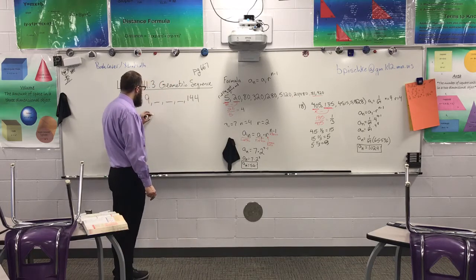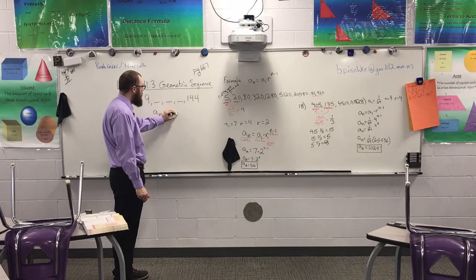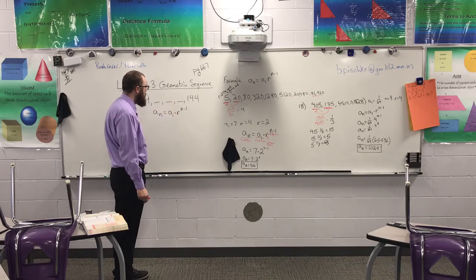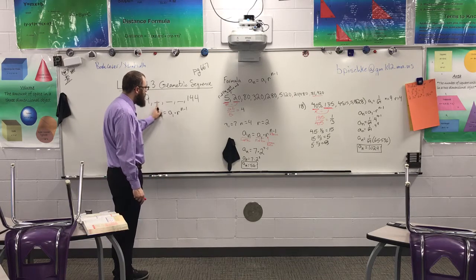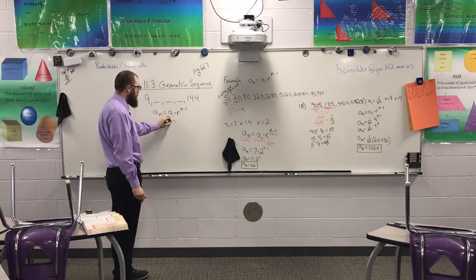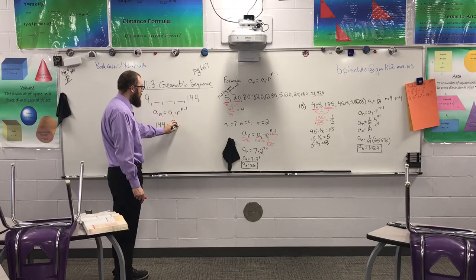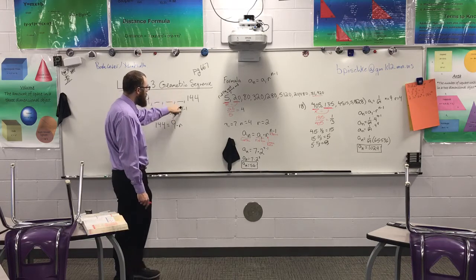So our formula, again, is AN equals A1 times R to the n minus 1. Now, we know a few things. First of all, AN, the last term, is 144. A1, the first term, is 9. R is our unknown, but n is 1, 2, 3, 4, 5.